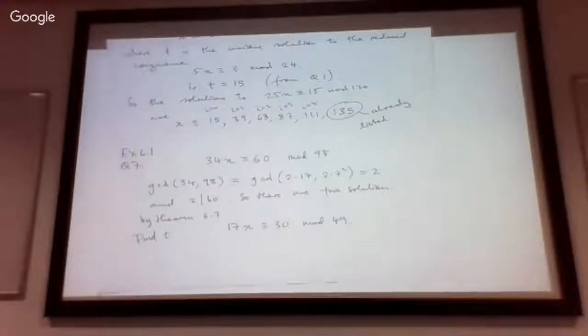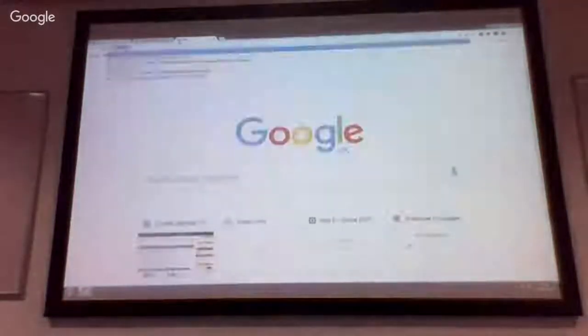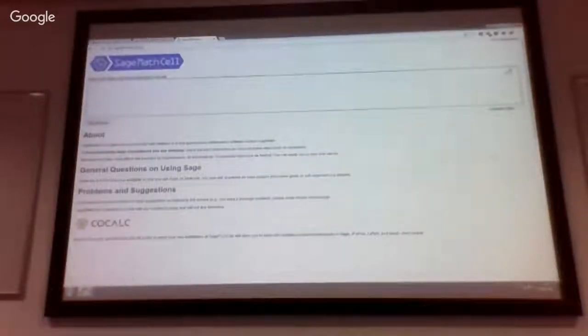But there we'll need the inverse of 17 modulo 49. If anybody can get that off the top of their heads, I'll be impressed. So let's get that from the computer. Sage cell. Inverse of 17 mod 49.